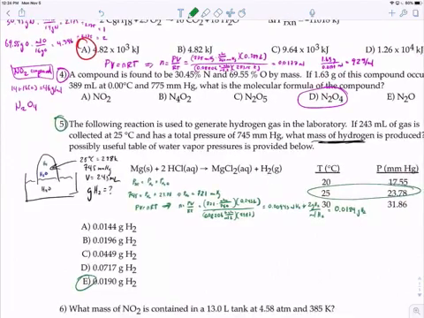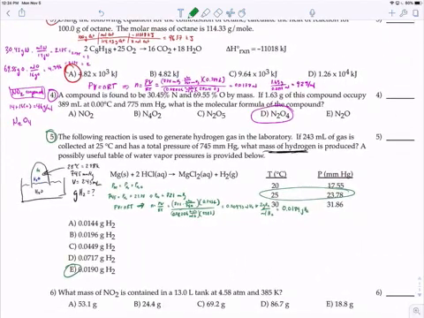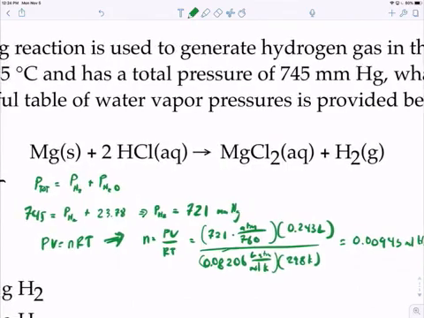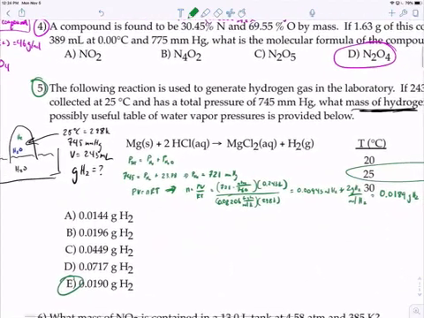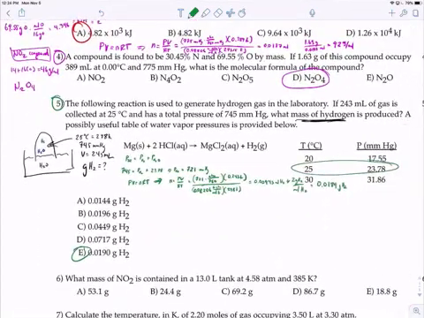So recap with this one. Magnesium plus hydrochloric acid makes magnesium chloride and hydrogen, and we carry this reaction out at 25 degrees Celsius. The ambient pressure is 745 millimeters of mercury, and volume 243 milliliters.